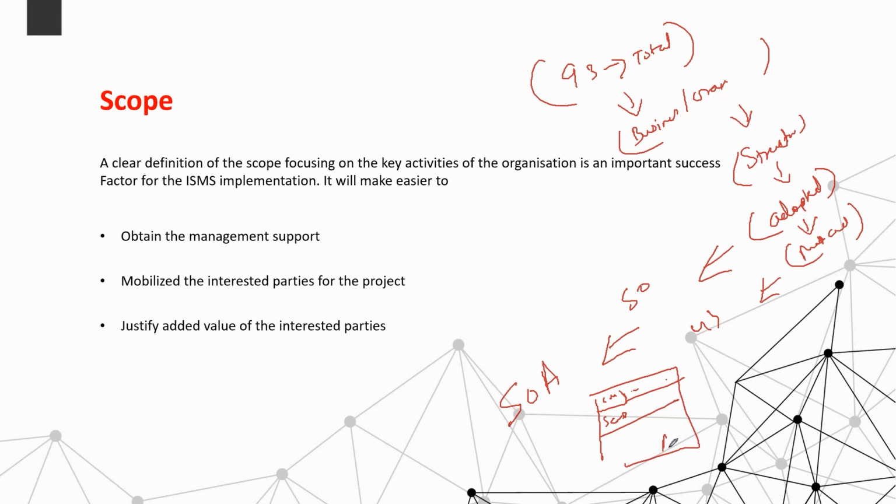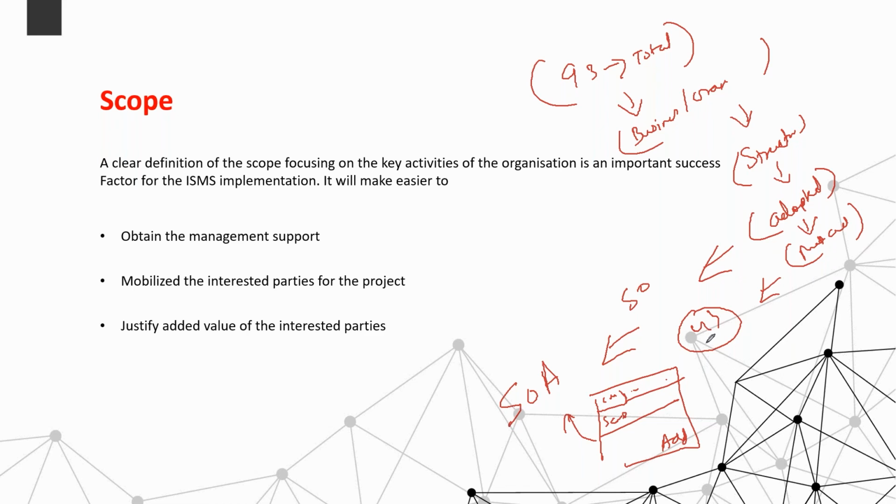The control has been added, so this information is presented in your Statement of Applicability. If we are not adopting a control, again we have to give a reason why, and that reason will be given in your Statement of Applicability: the number of that control, the name of that control, and why it has not been adopted.